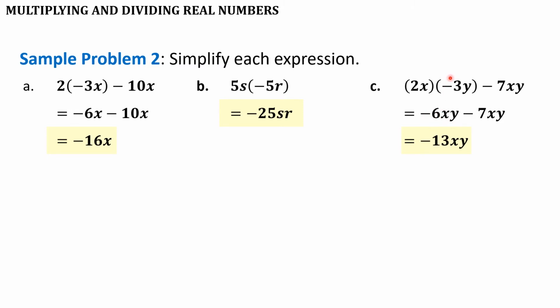Why a negative? Because one of them is a negative and the other one is a positive, and that is why my product here is going to be a negative. And now I can do my subtraction. I'm going to subtract 7xy, and that's going to give me a product of negative 13xy.